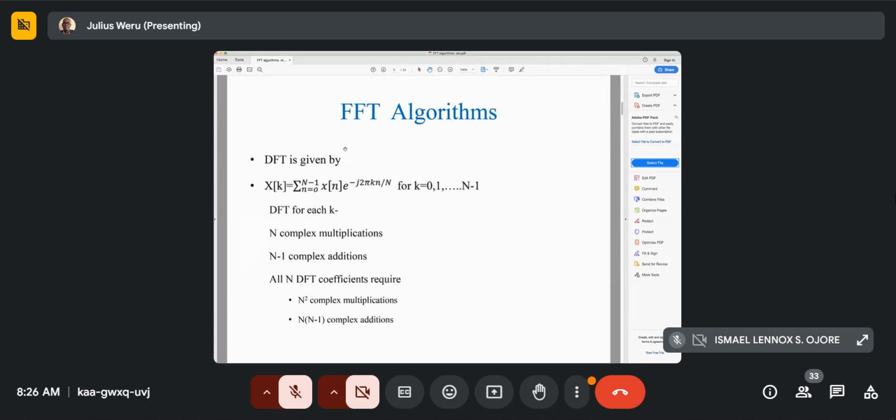Let me see where I can write with this. Yeah, it looks like I can.